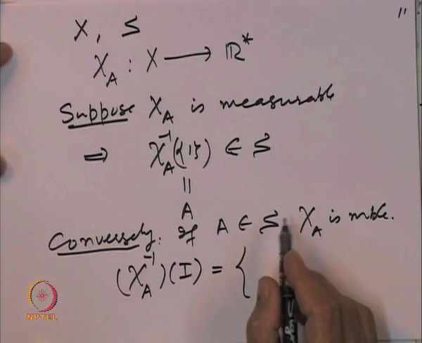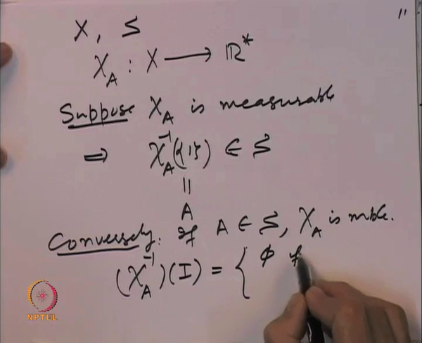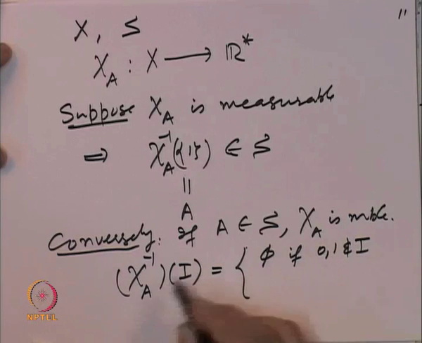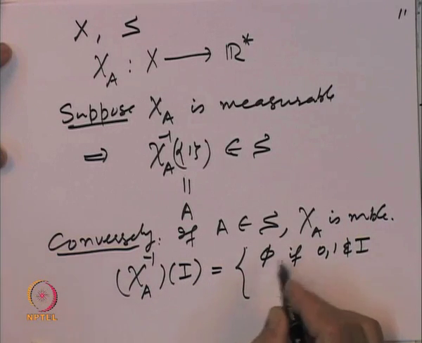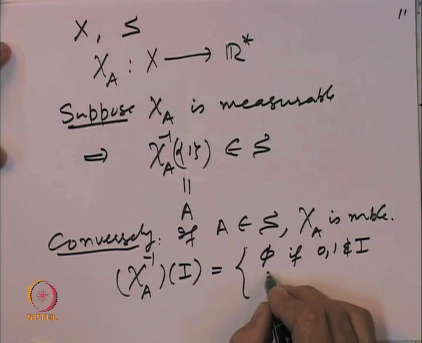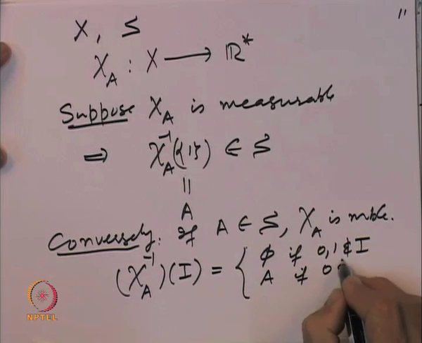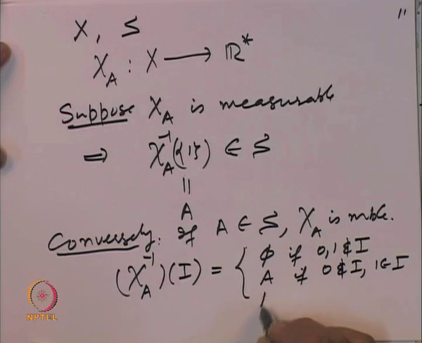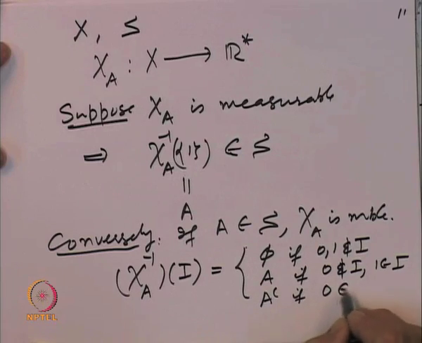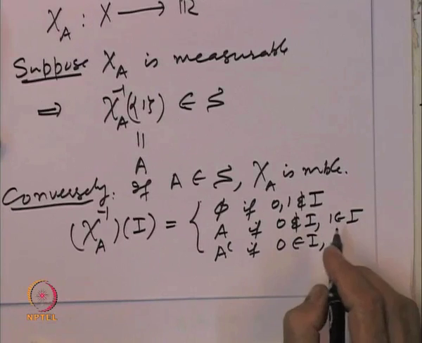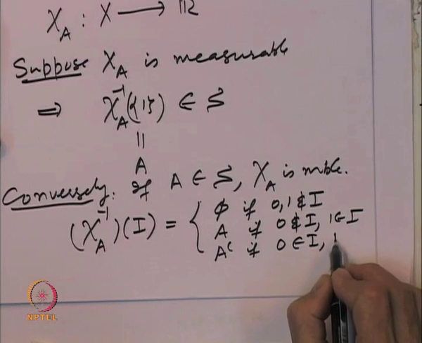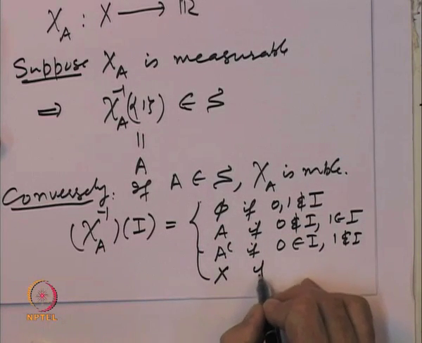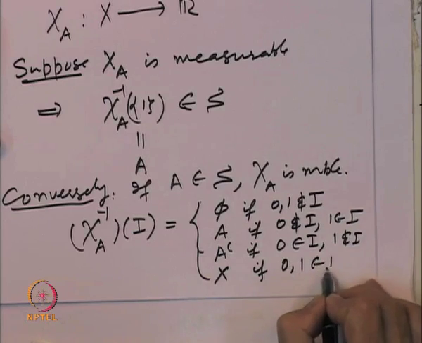The inverse image of an interval is going to be equal to the empty set if 0 or 1 does not belong to the interval I, because then there is no point which goes to the interval, and it is equal to A if 0 does not belong to I and 1 belongs to I. And similarly, it is A complement if 0 belongs to I and 1 does not belong to I, and is equal to X if both 0 and 1 belong to I.